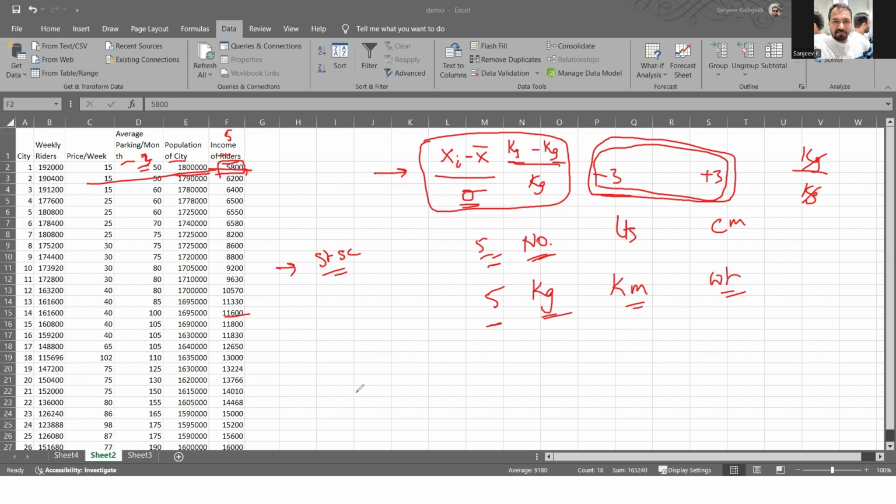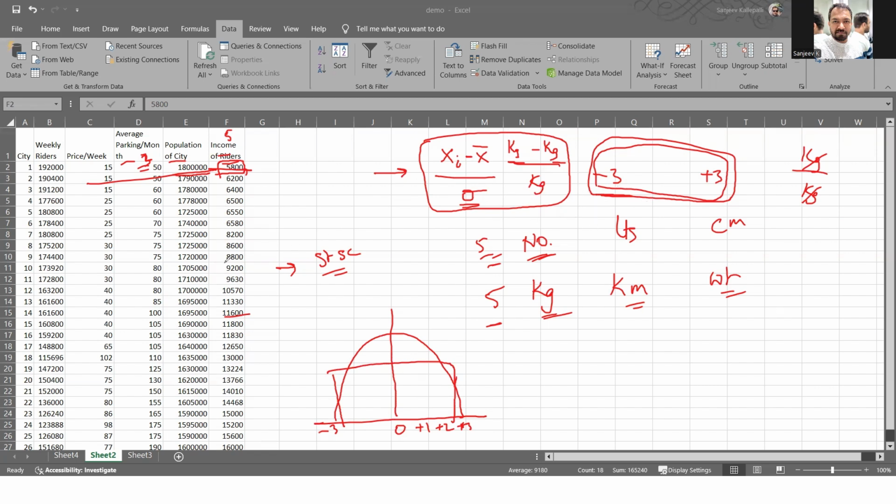What is this -3 to +3? Let us say you have a uniform distribution. Your mean is at the center, 0, and then 1 standard deviation away, 2 standard deviations away, 3 standard deviations away. Similarly, here it will be -3. So 95% or 99% of the data is within this range. So when you divide, you come up with a similar kind of scale. Of course, it might not be exact, but more or less you can compare because all of them would have similar values.